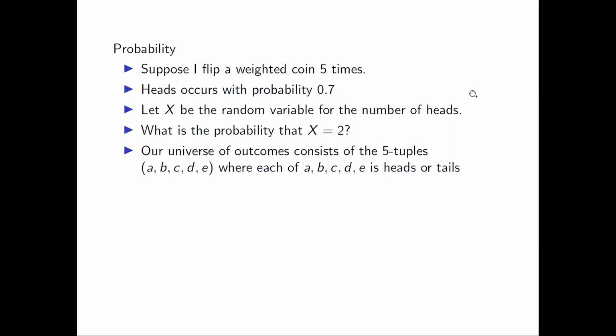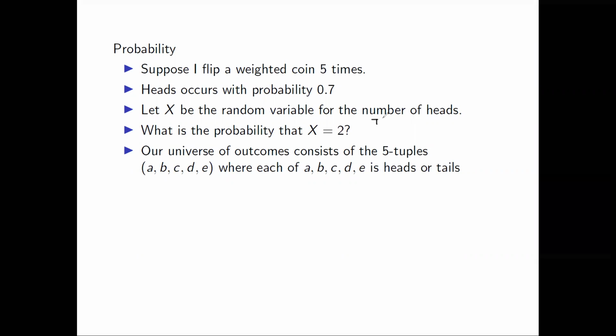We'll have the same universe of outcomes. So it will be 5 tuples where each of the entries in the 5 tuple is heads or tails. The problem now is these outcomes are no longer equally likely.